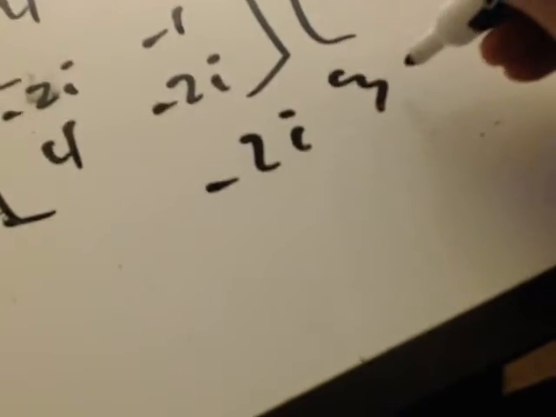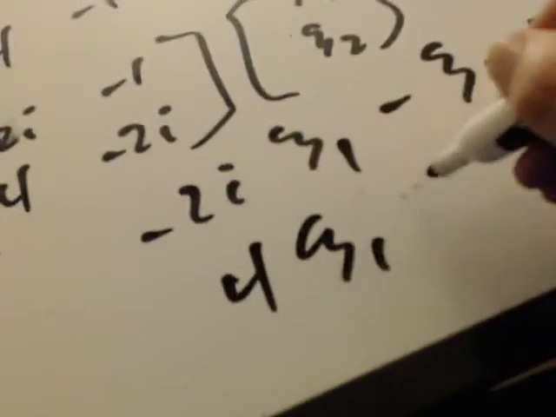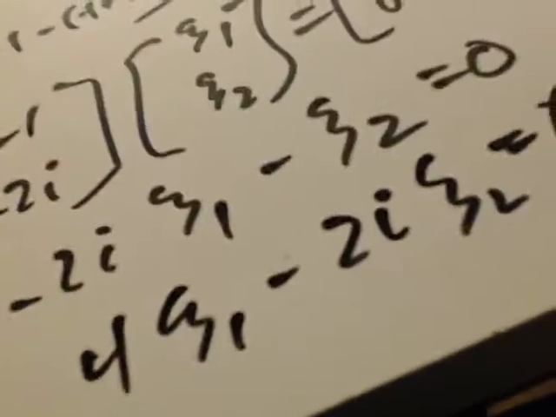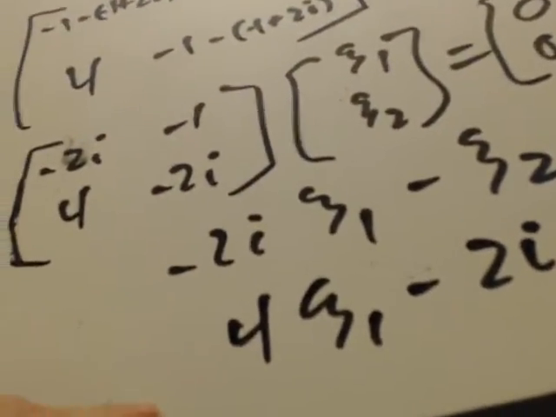Okay? So I get a negative 2i xi1 minus xi2 equals 0. Likewise, I get a 4 xi1 minus 2i xi2 is equal to 0. And I'll tell you, both these equations are exactly the same if you multiply.